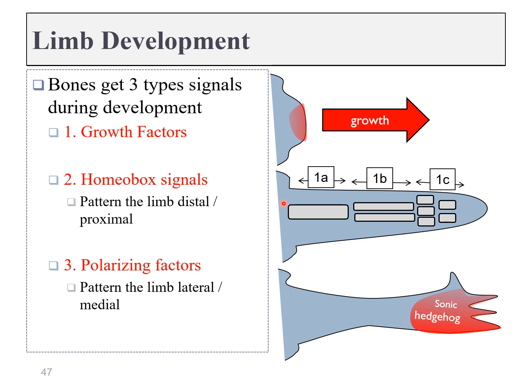For instance, in our limbs, we have this pattern of one bone, then two bones, then four bones, similar to the way that a tree grows. Lastly, we might have some polarizing factors that tell the bones whether they are more medial or more proximal. In the limbs, this molecule is called sonic hedgehog, and we'll be talking about it throughout the year.